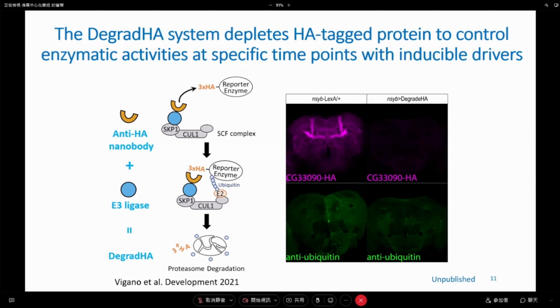Since we have knocked in our protein with an HA tag, we can fuse an anti-HA nanobody to an E3 ligase, which we call degradHA, and we do this degradation in vivo. The in vitro or cell culture degradation has been shown previously, but we do this in a living organism. Here we show that this protein expressed here is degraded in 2 minutes, and the degradation works quite well.